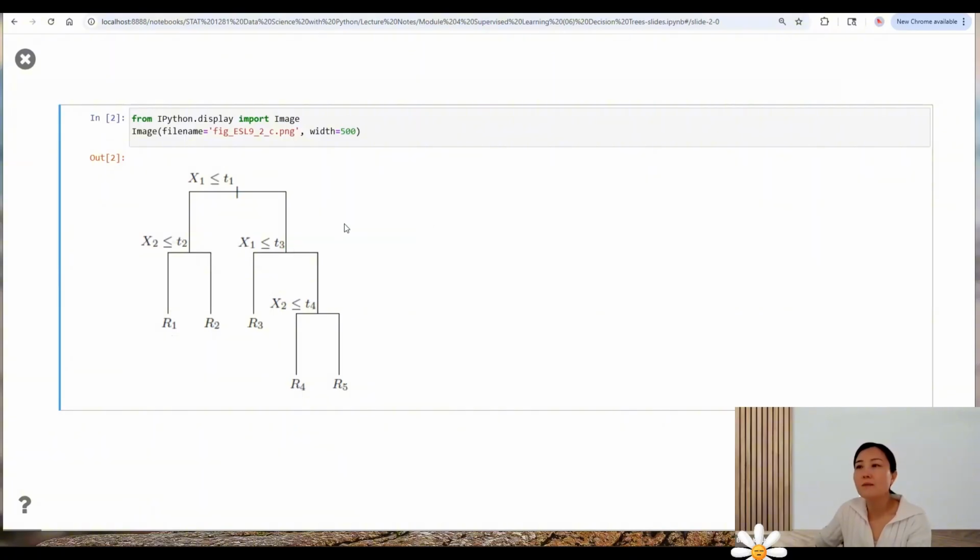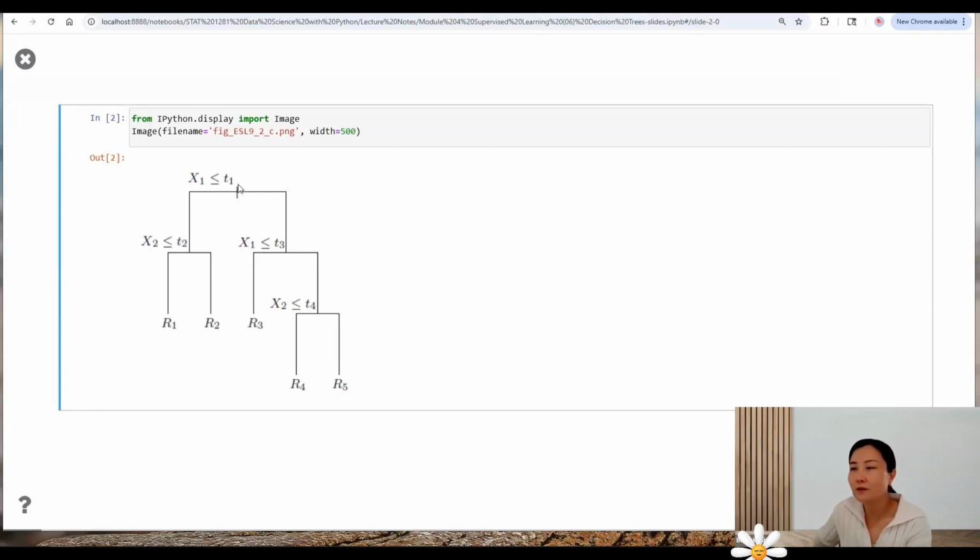So from this diagram, you see that a decision tree at each node will only choose one variable to do the split. And also it will choose a threshold if it's a numerical variable. Also, variables can be used repeatedly.